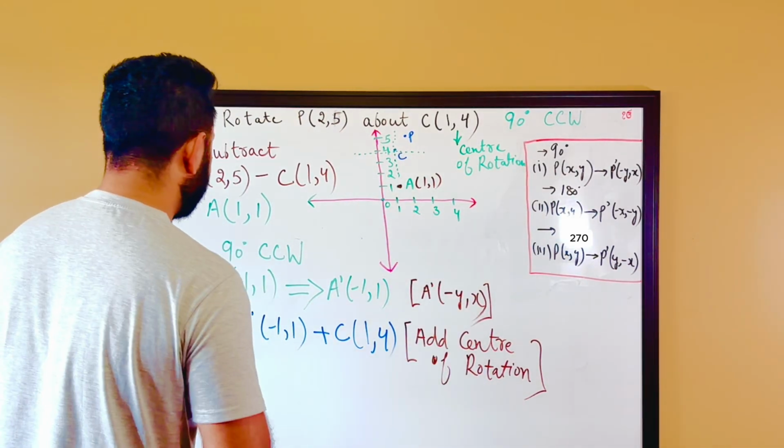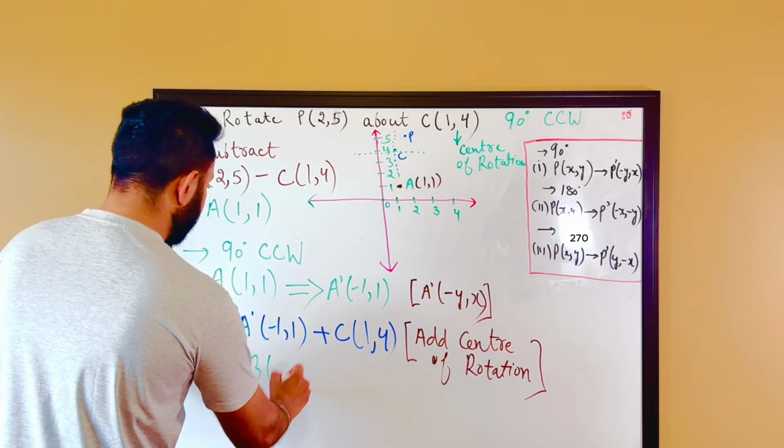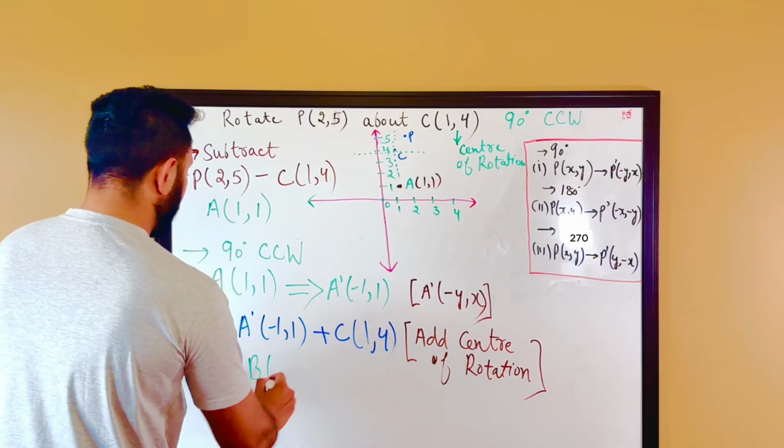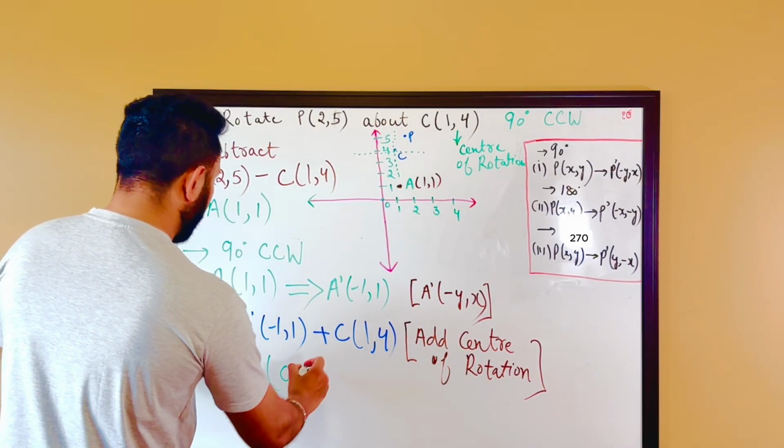So after adding the center of rotation, the point B will be -1 plus 1, so 0, and 1 plus 4, 5.